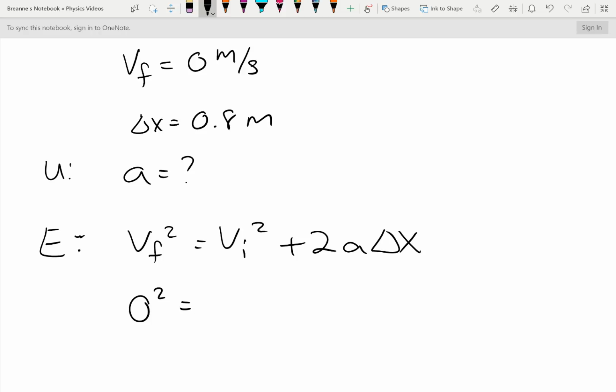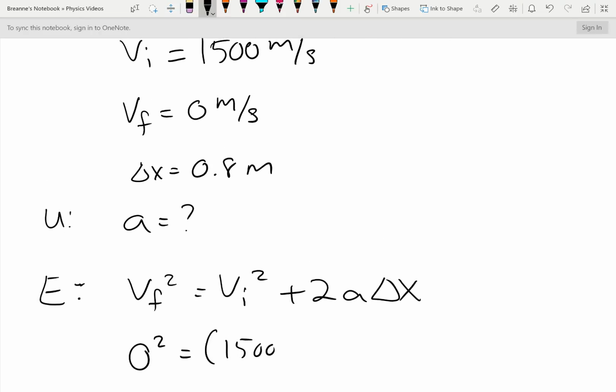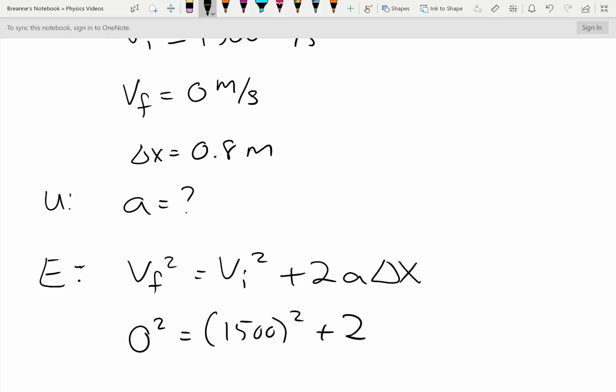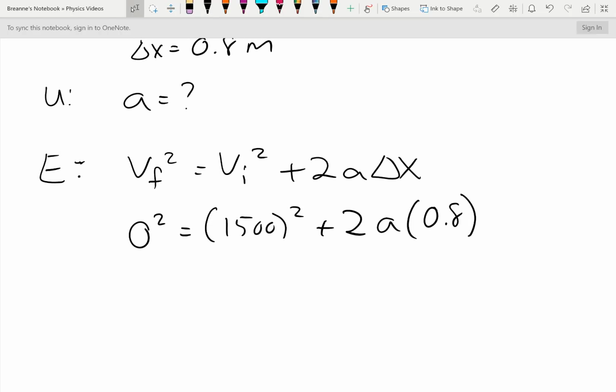Final is 0. Initial was that really big number. Plus 2, we're looking for a, delta x. 0 squared is just 0. 1,500 squared is this big number. Make sure I get all the zeros. 1, 2, 3, 4. 1, 2, 3, 4.